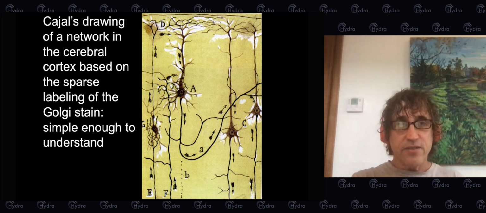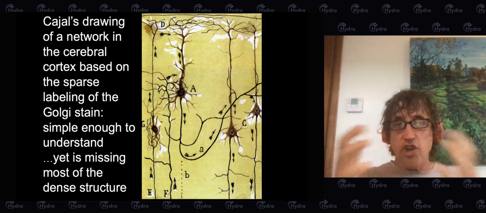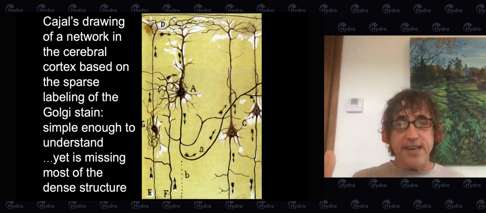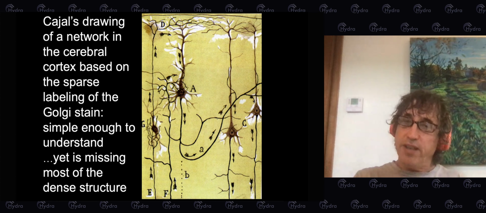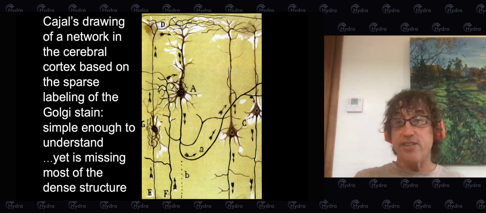And in fact, you see here this beautiful image that Cajal is drawing, showing neurons, but it's missing most of the dense structure of what's going on here. Now, it is beautiful in itself that he got the idea that these messages are being sent down the axon and so on.